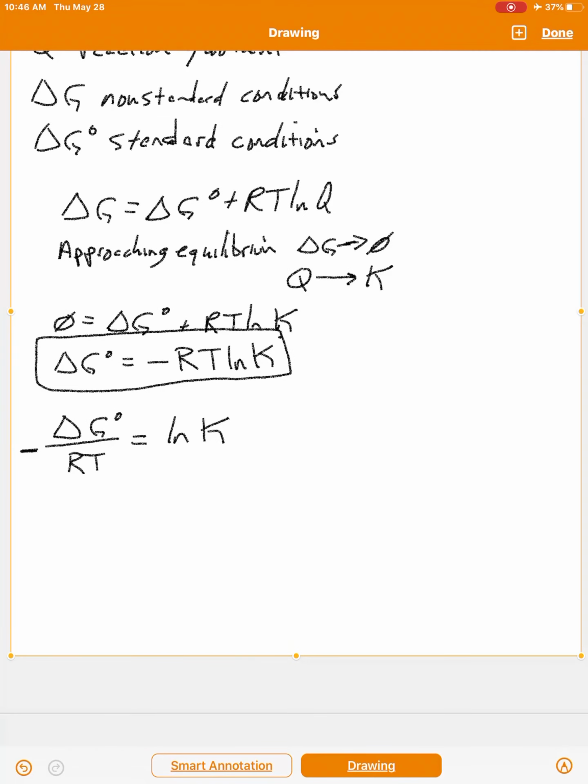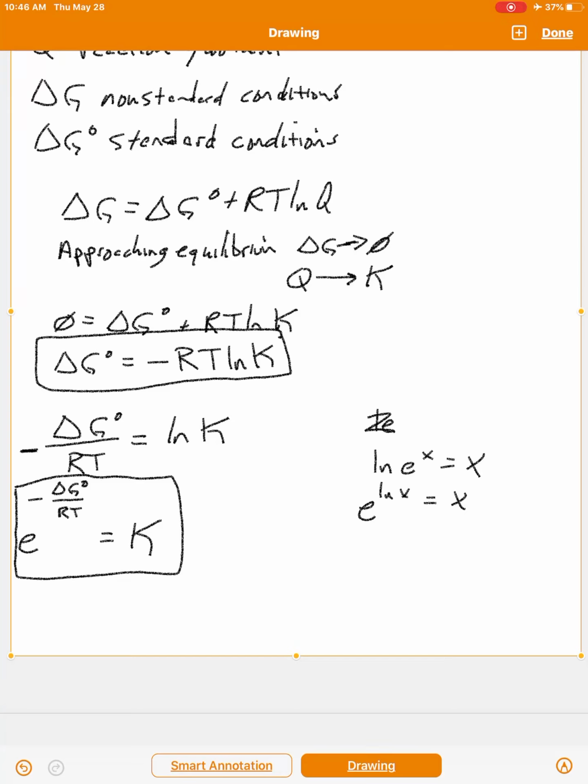Remember, ln of e to the x is equal to x, or e to the ln of x is equal to x. Those are inverse functions. So if I do e to both sides, e to the minus delta G naught over RT would be equal to K. So here's our second relationship.